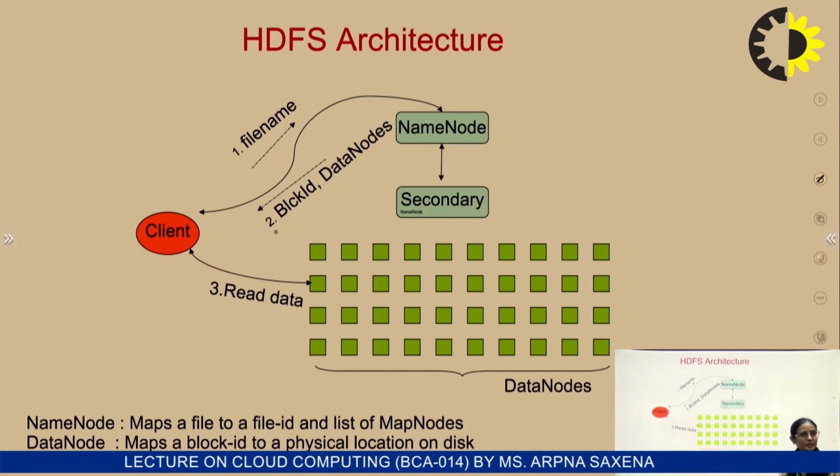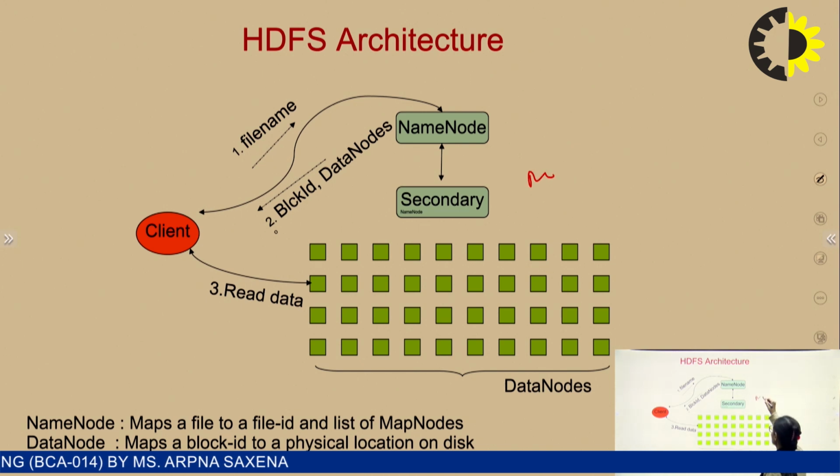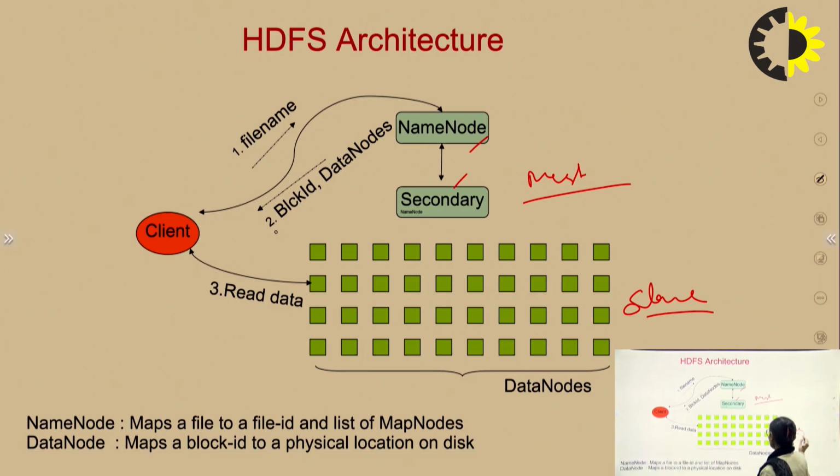We have already seen the HDFS architecture in Hadoop. This is just for revision. So in the HDFS architecture, as we have seen, this is my master and here I have slaves. In the master, we have the name node and the secondary name node, whereas in the slave machines we have the data nodes.